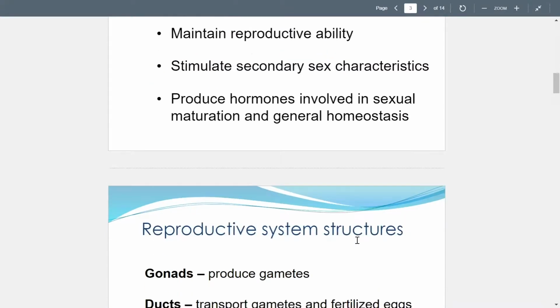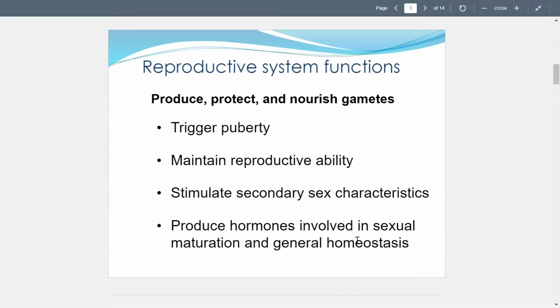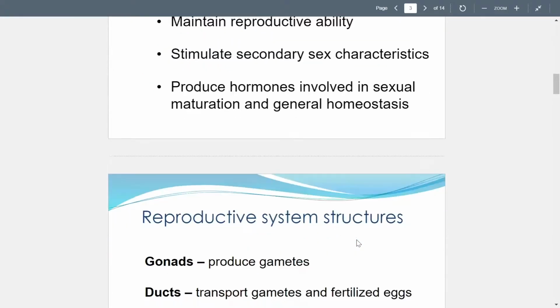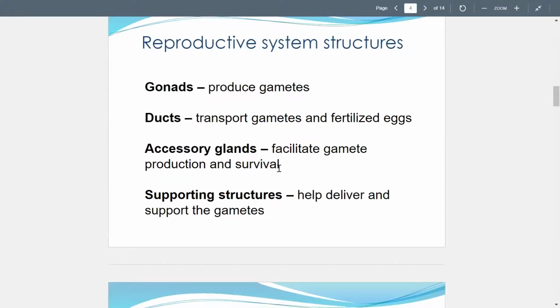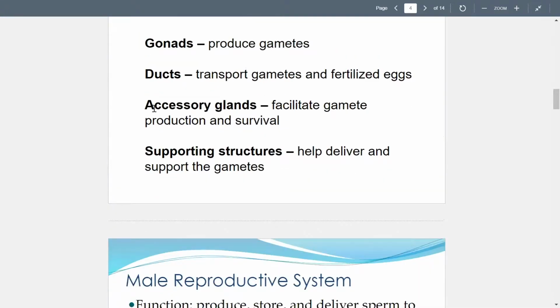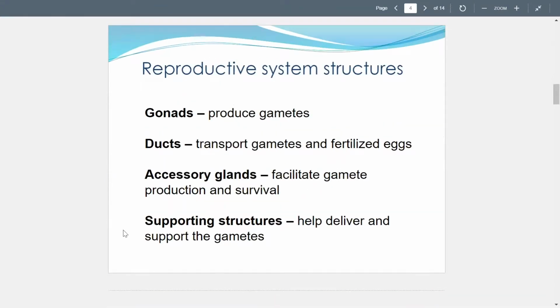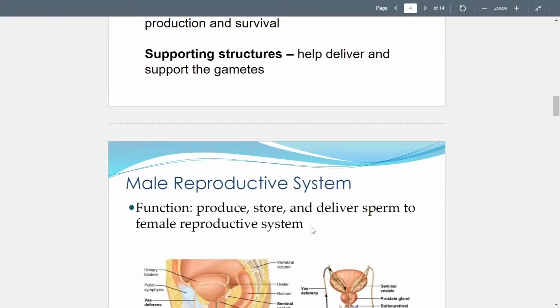She has 4 functions on there, so that could be a multiple choice question. The gonads produce the gametes, the sperm and the egg. The ducts transport the gametes and fertilize eggs. Accessory glands facilitate gamete production and survival, and supporting structures help deliver and support the gametes.